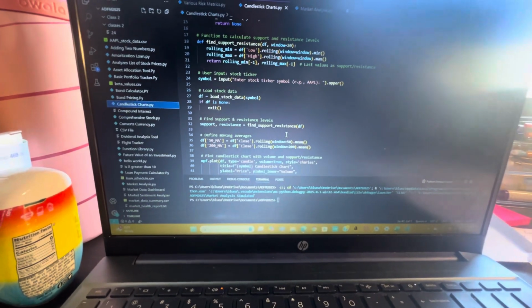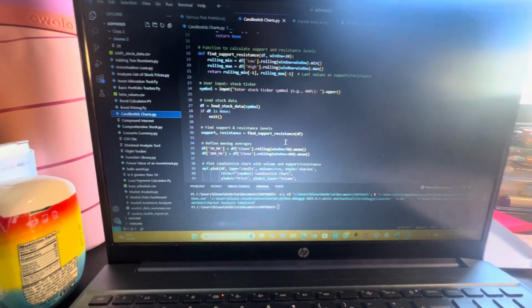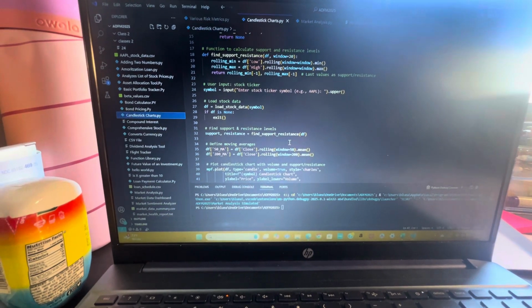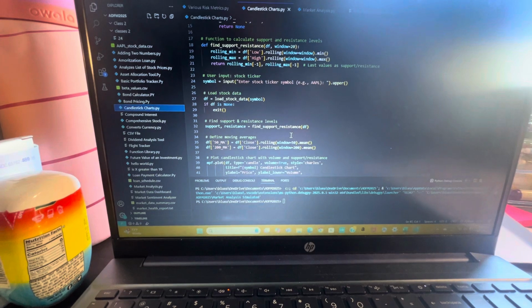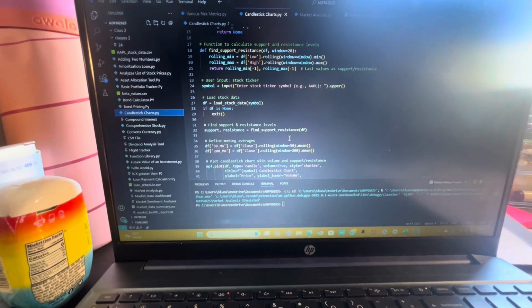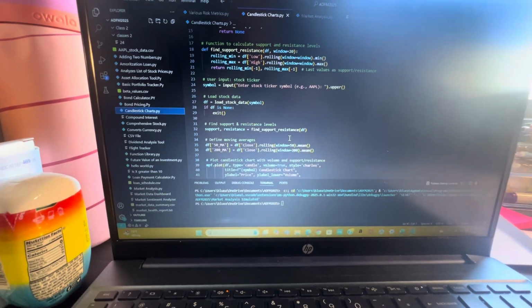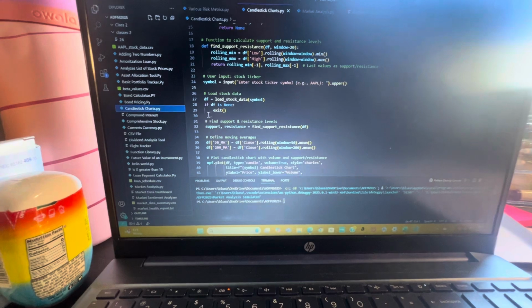I'm going to start over. I want to highlight the find support and resistance levels function.